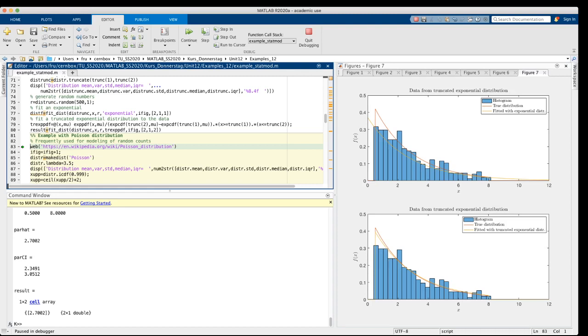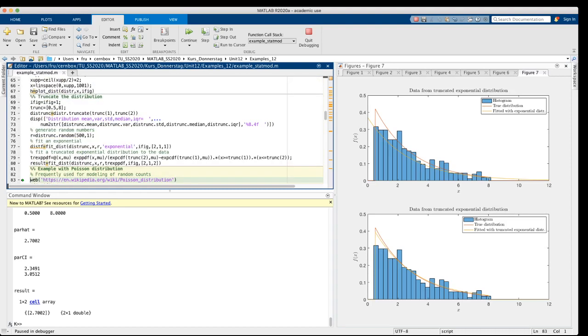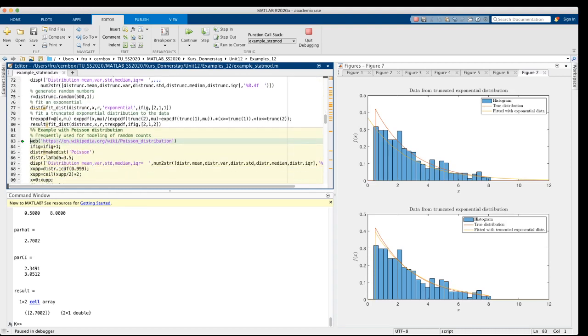My final example in this script is the Poisson distribution. Now, the Poisson distribution is a counting distribution, so it takes only non-negative integer values, and it's very frequently used for the modeling of random counts. I told you before about the radioactive source.